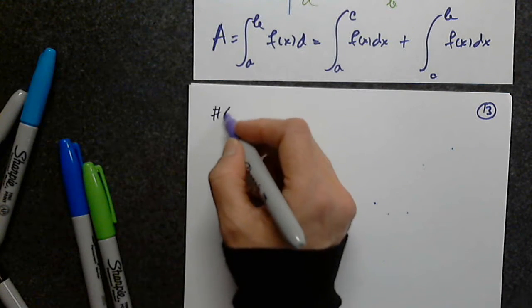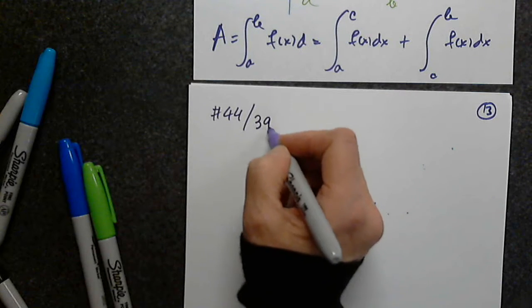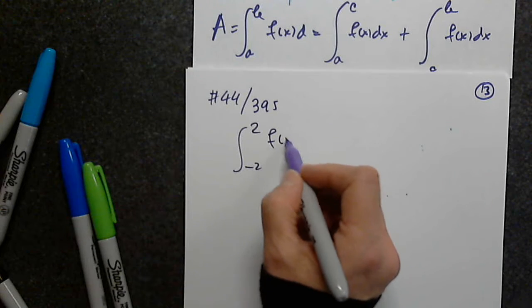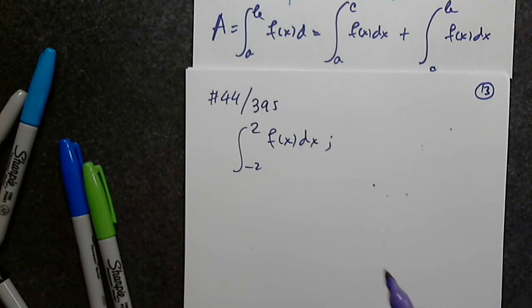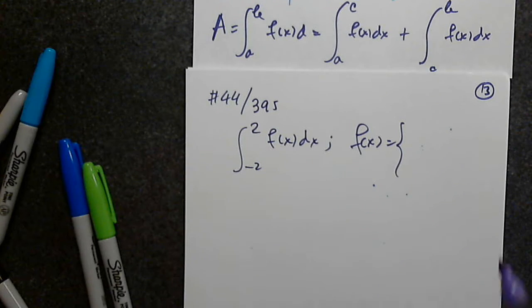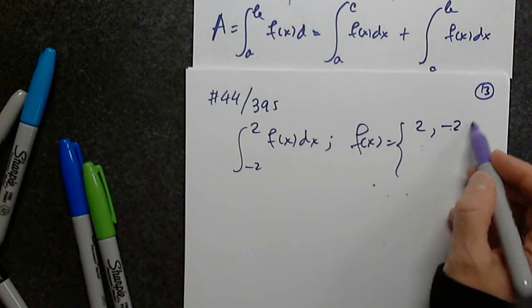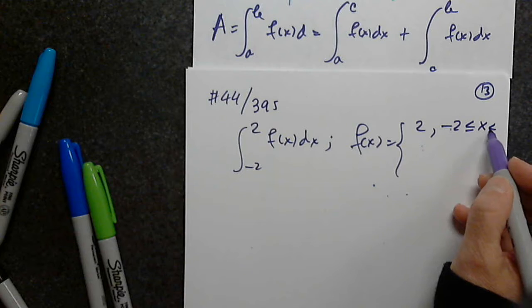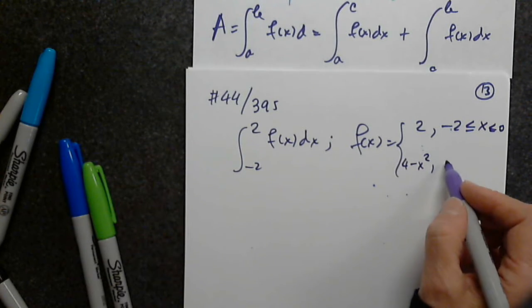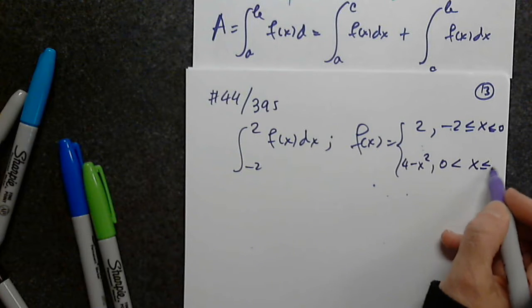So in 144 on page 395, we are asked to find the integral from negative 2 to 2 of f of x dx, and we are told that f of x is a piecewise defined function: 2 between negative 2 and 0, and 4 minus x squared between 0 and 2.